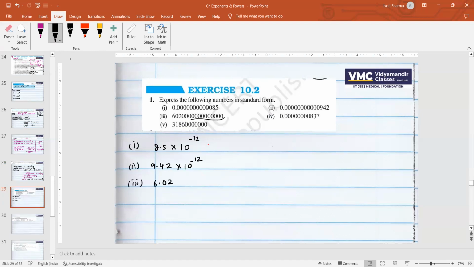The decimal will go here. 1, 2, 3, 4, 5, 6, 7, 8, 9, 10, 11, 12, 13, 14, 15. So here the power will be positive. This is 15. Fourth one is 8.37 into 10 to the power minus 9.